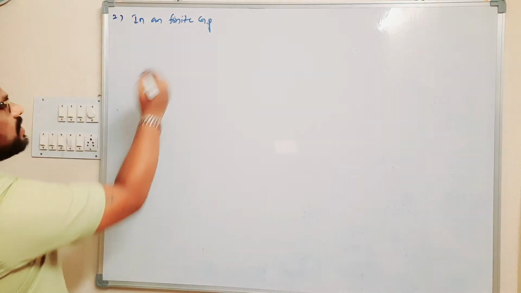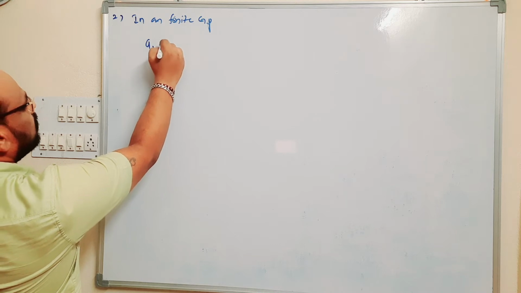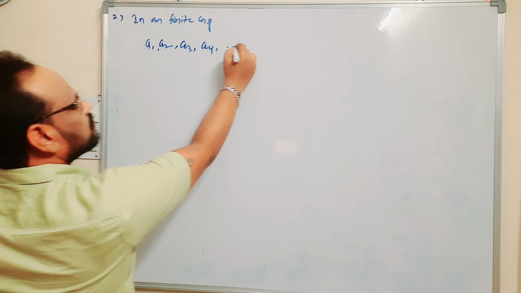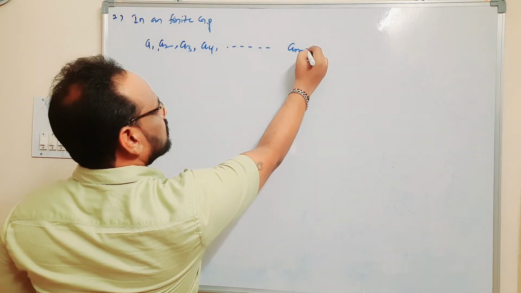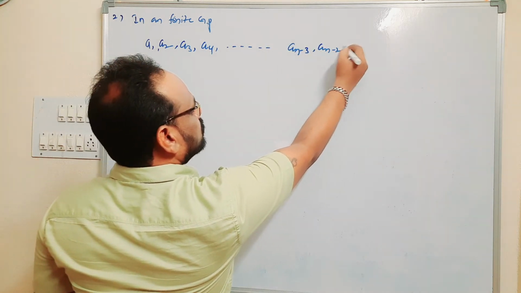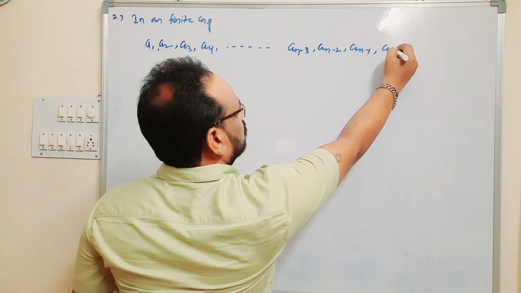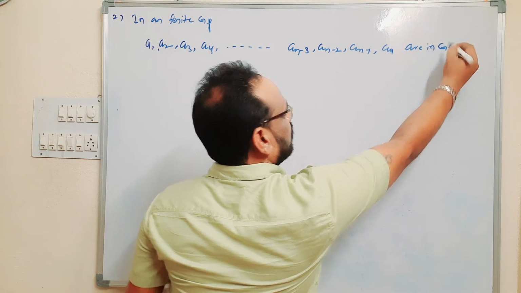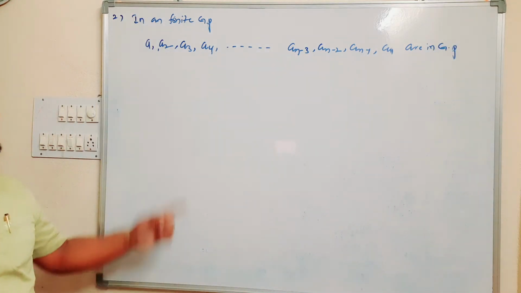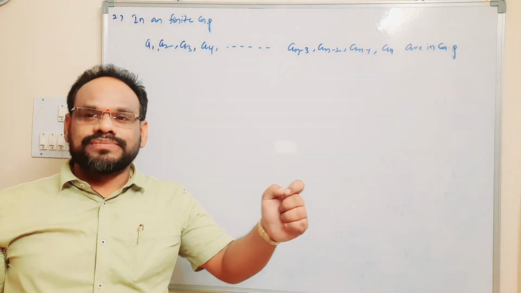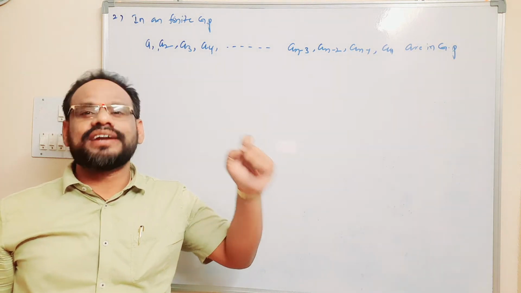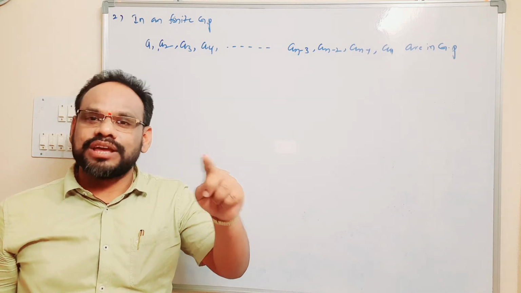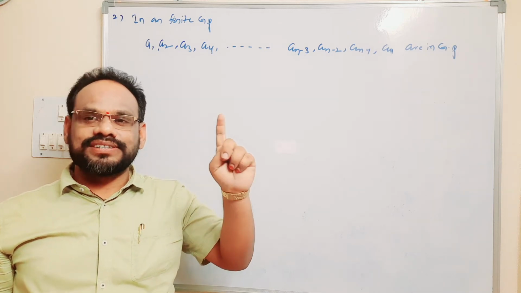That is, if a1, a2, a3, a4, and so on, a_n minus 3, a_n minus 2, a_n minus 1, a_n are in GP.